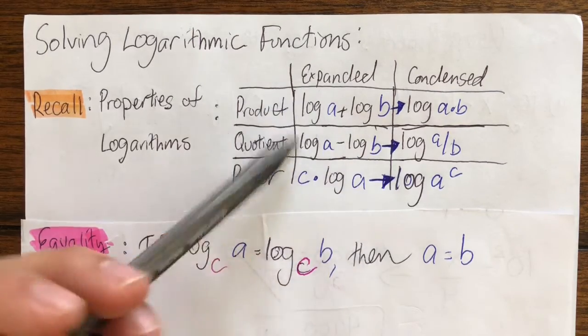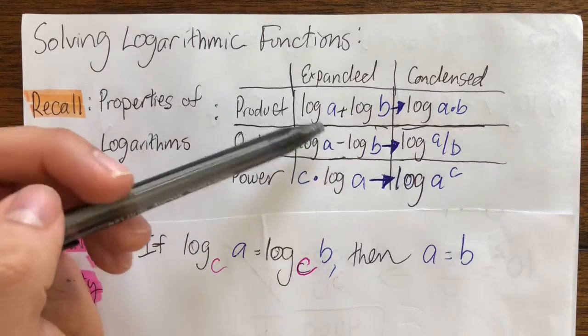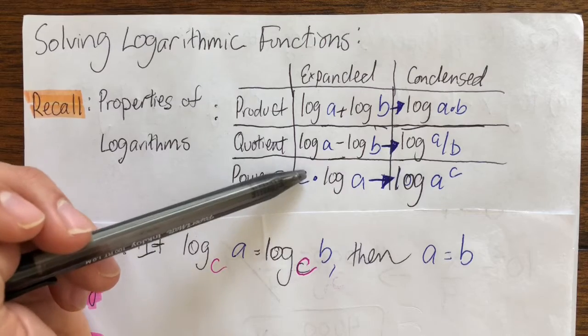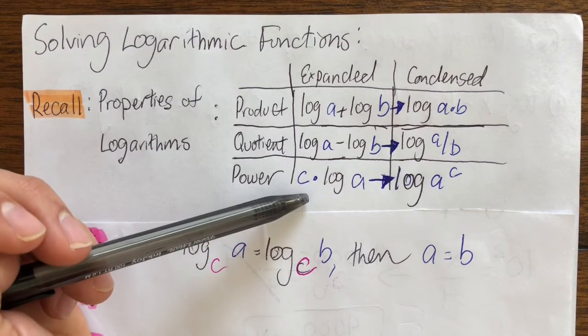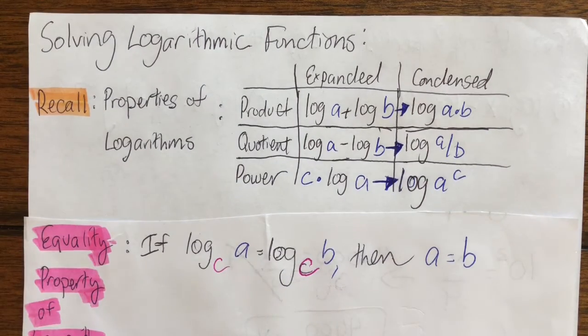What I have over here is the expanded version, because we're going to see a lot of problems where we have a sum of 2 logs, a difference of 2 logs, or a number being multiplied by a log. If that's the case, our goal is to condense it into a single log.